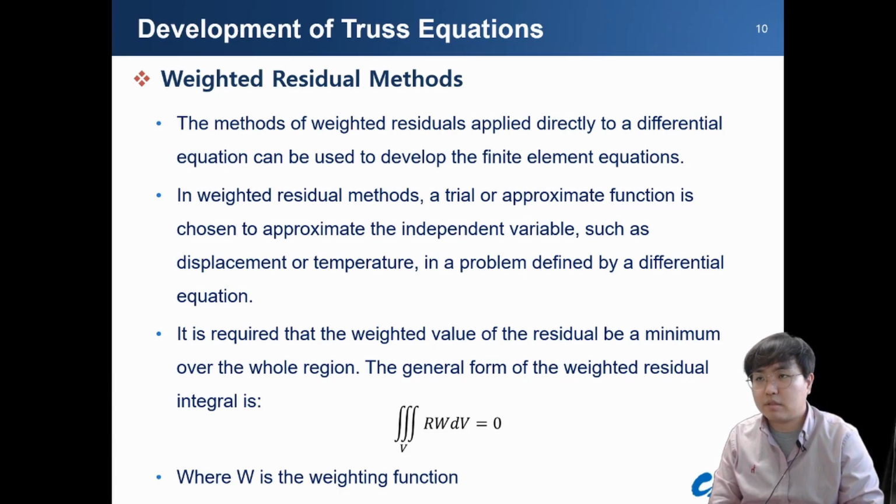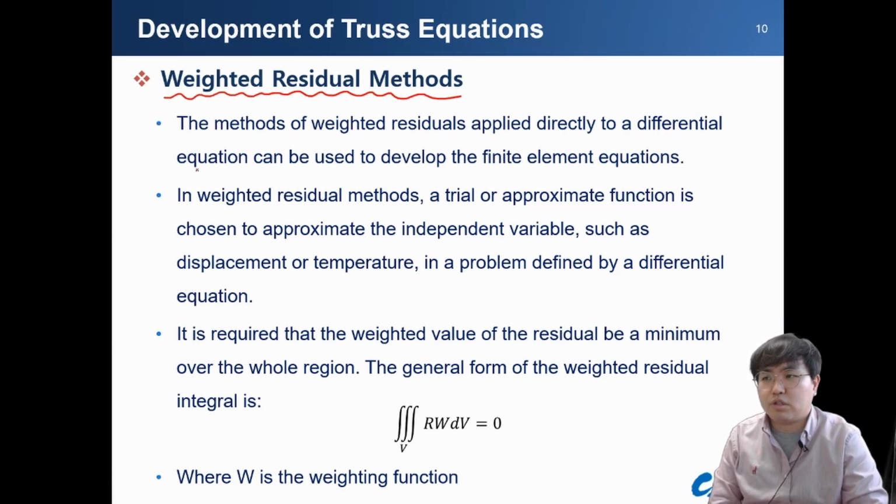In this slide we are going to learn about another way to derive the local stiffness equation for the FEM method. First is the weighted residual method. Actually, this method can be applied directly to the differential equation, ordinary or partial differential equation, to make FEM equations.